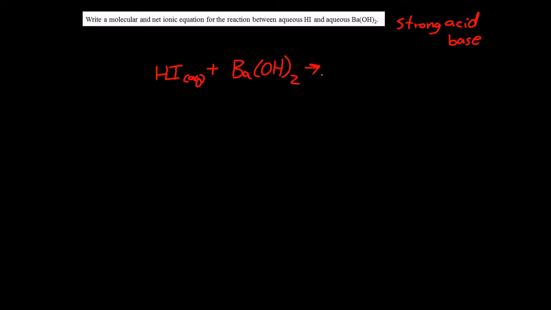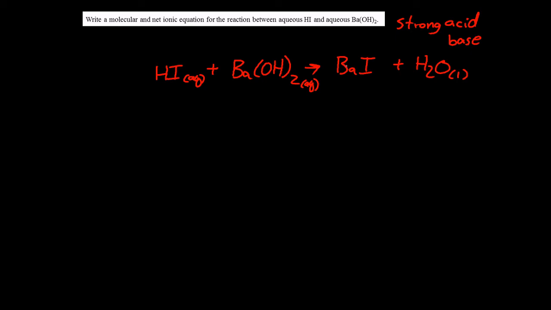And so what we're going to make on the other side is going to be barium iodide and water. Because remember, any acid-base neutralization is going to make water. One thing you might have noticed here, iodine is a -1 charge.